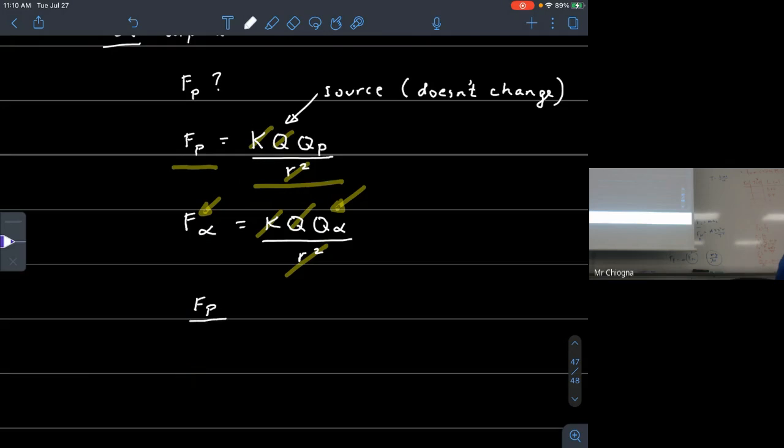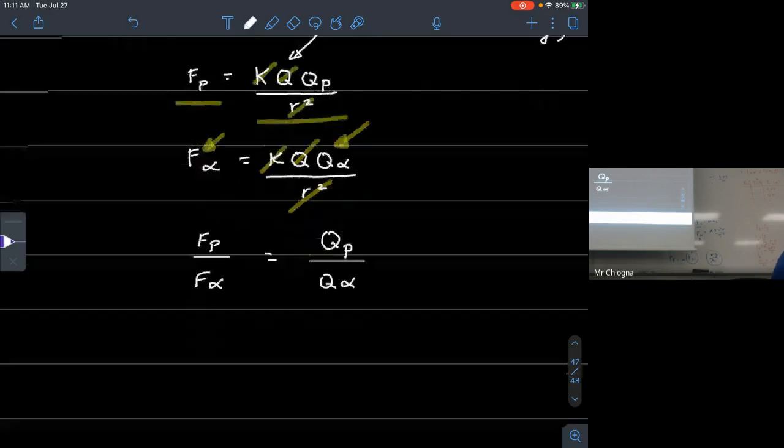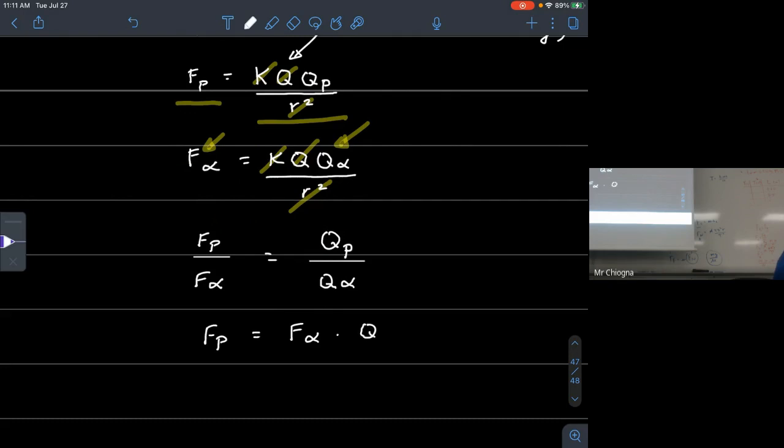Fp over F alpha is equal to charge of the proton over the charge of the alpha. The force on the proton is just the force on the alpha particle times the ratio of the charges. That's all.